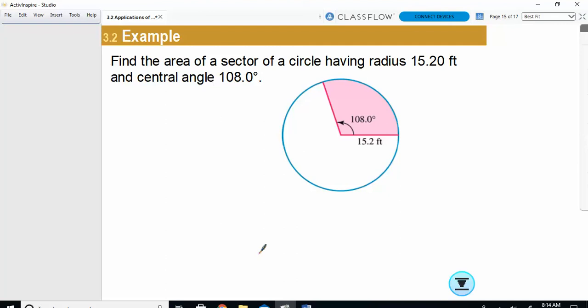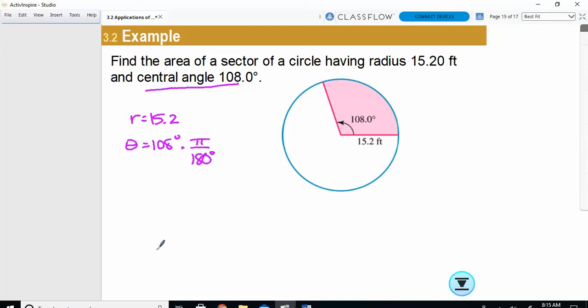So if I want the area of this sector, I have my radius, that's r. Central angle, what variable is that? What do I need to do to that?